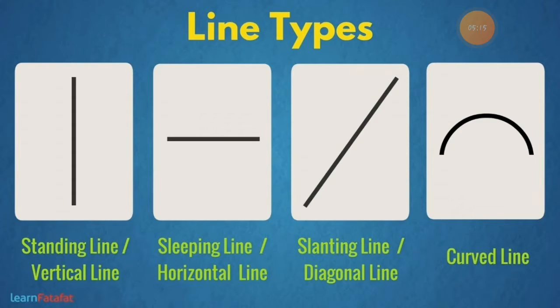Focus on my words, because these types of questions may come in the exam. A picture of the standing line is given, and you have to write down both the names, or an option is given: vertical line. The another name for the standing line is the vertical line.